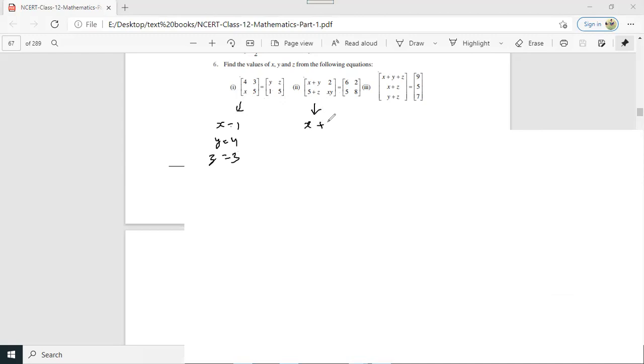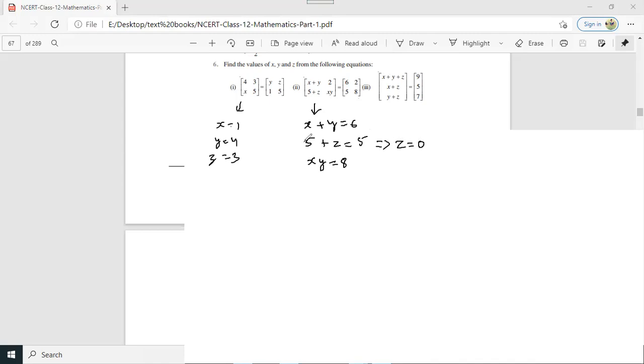Here you will get three equations: x plus y is equal to 6, 5 plus z is equal to 5, and xy is equal to 8, on equating the corresponding elements. From this, z will be equal to 5 minus 5, 0.